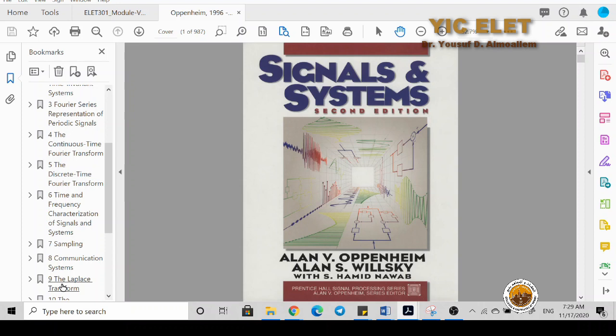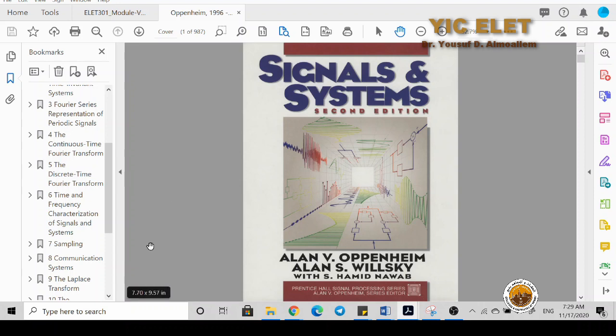So we're jumping a few chapters. So number 5, number 7, we're not considering it. We just jump to Laplace transform. Then after the Laplace transform, we will go back to sampling and then discrete Fourier transform.